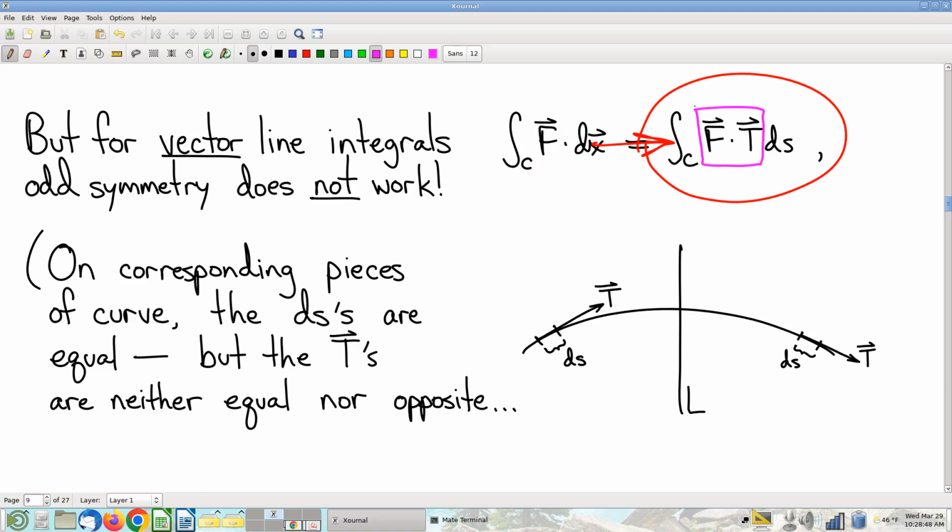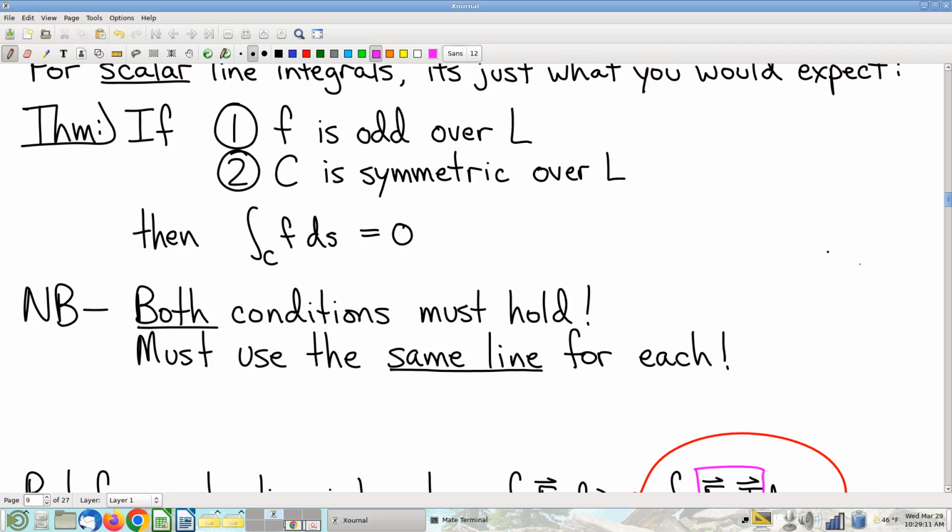And with the T factored in, if this is odd, then you will in fact have an application of the odd symmetry theorem for a scalar line integral. At this point, having done the F dot T, it is truly a scalar line integral. And then, yeah, sure, for that, go ahead. You're basically just using this theorem, and that is fine. Okay. All right.